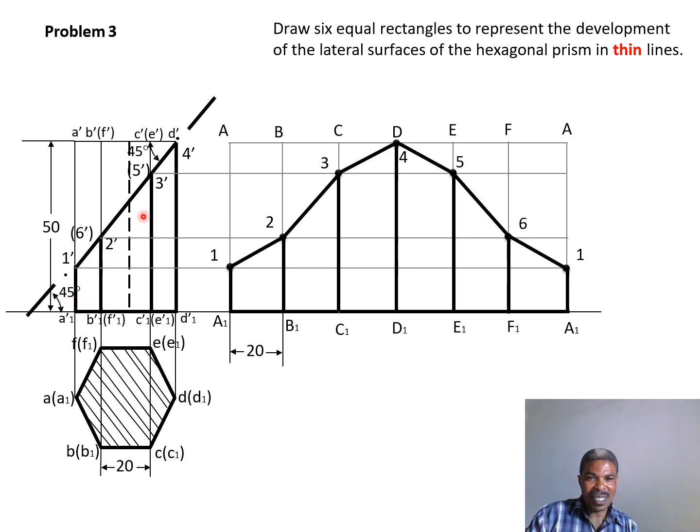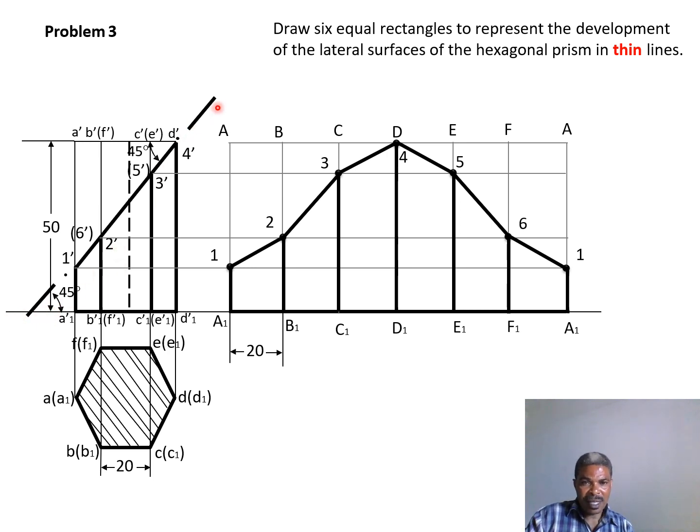So it's very important to note that the line passes through the top corner of our prism and forms 45 degrees with the horizontal plane.